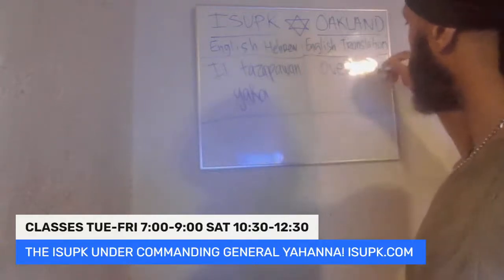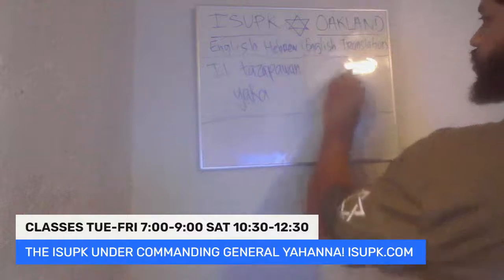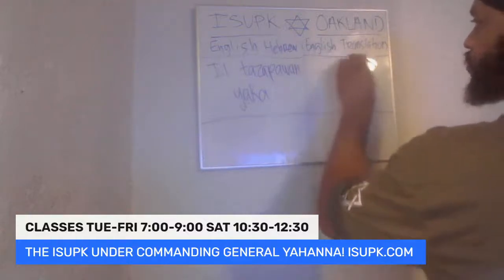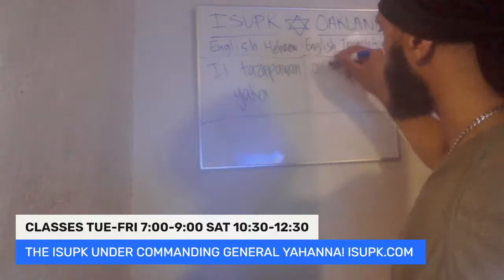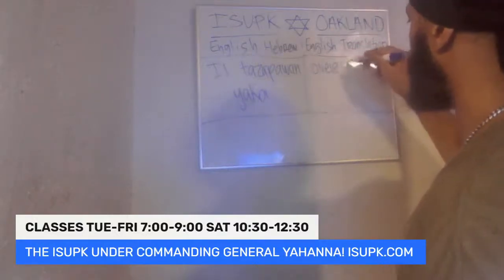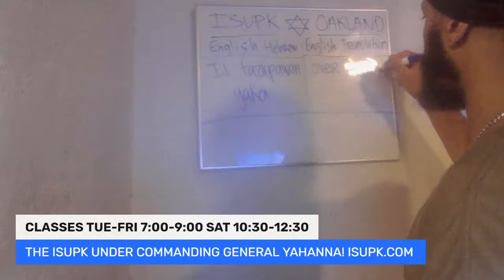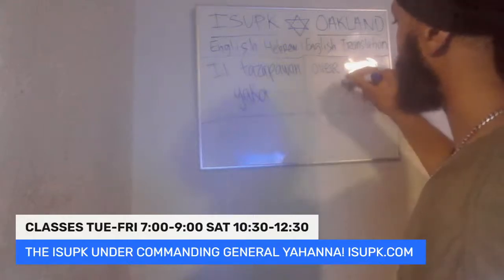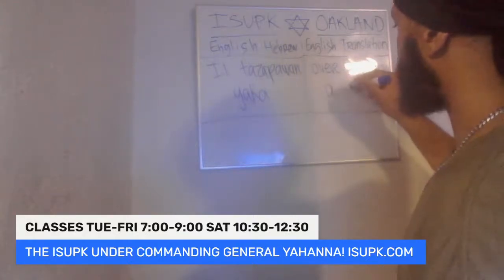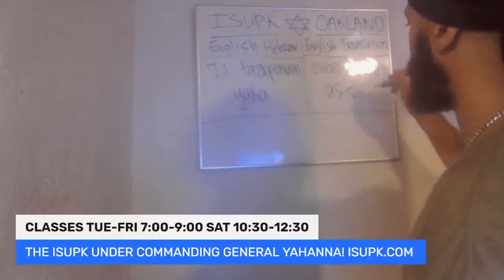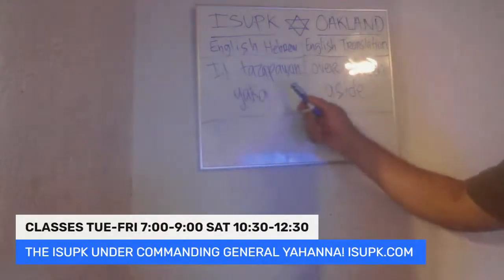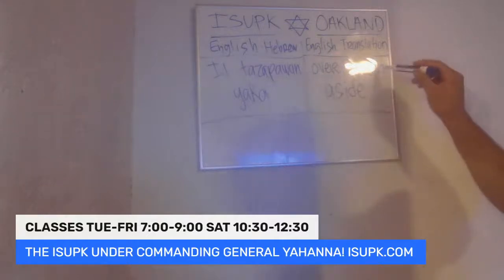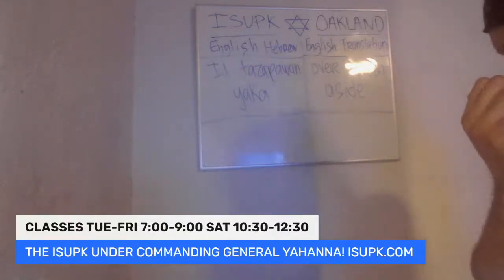Over hidden aside. All right. Al is over, Taza Pawan is hidden, and the Yaka is aside.